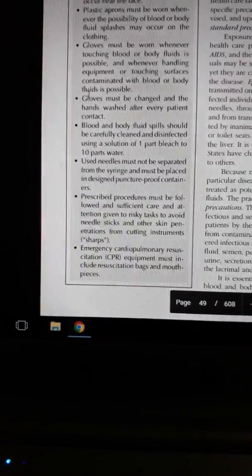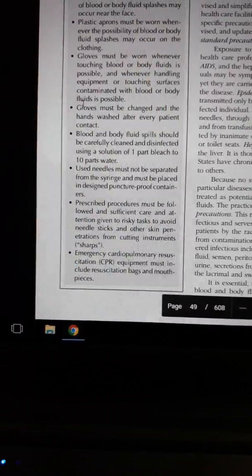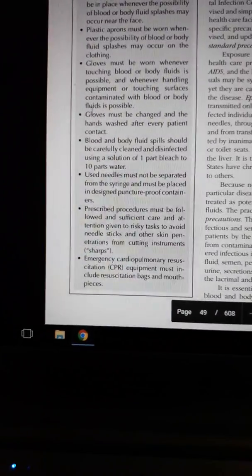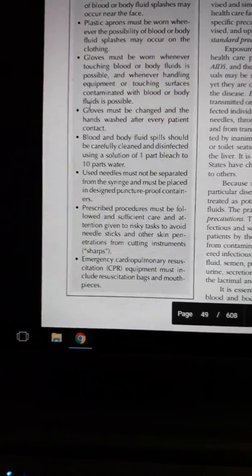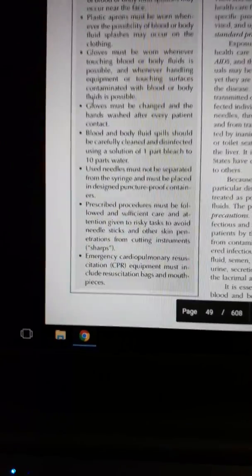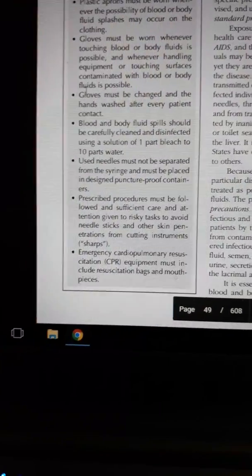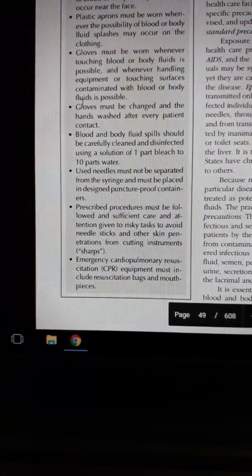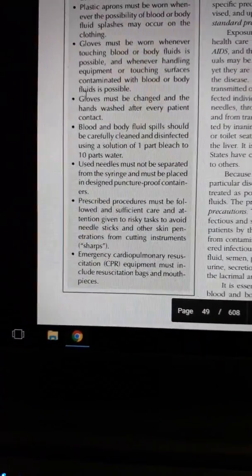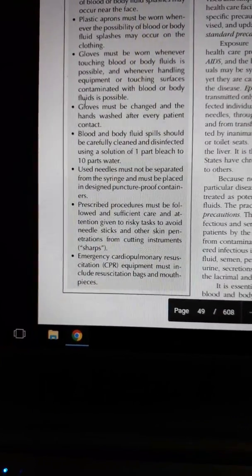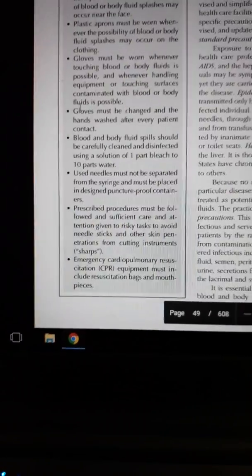The prescribed procedure must be followed, and sufficient care and attention given to risk tasks to avoid needle stick and other skin penetration from cutting instruments. Sharps. Emergency cardiopulmonary rescue, CPR, equipment must include the resuscitation bag and mouthpieces.